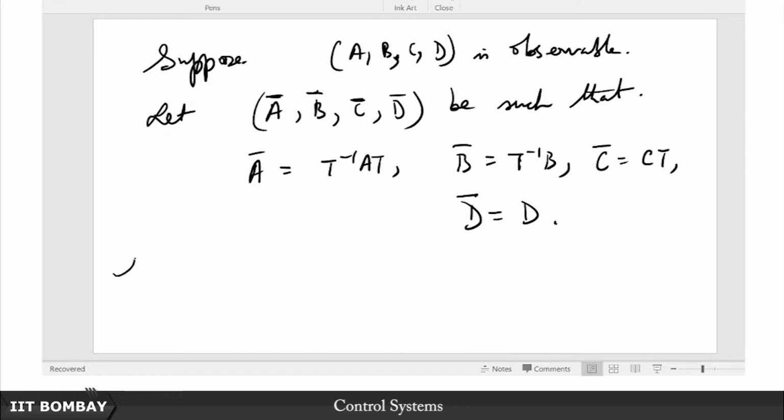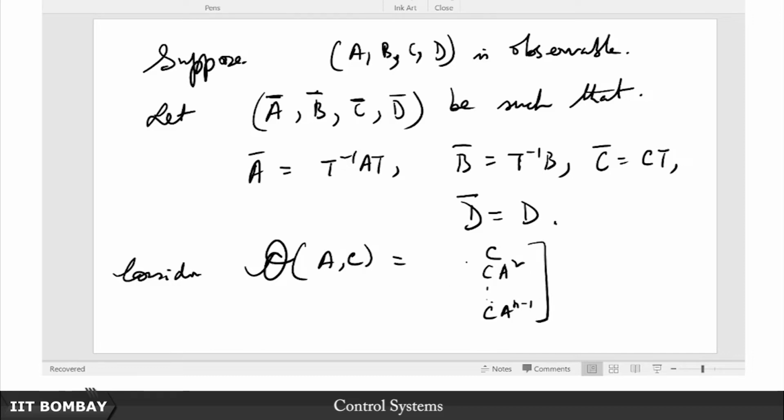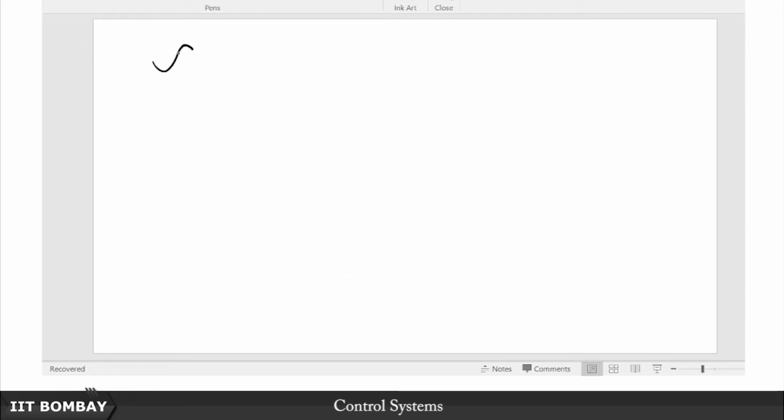Now consider the observability matrix of the original system, with A, C. So that is going to be C, CA, CA square, till CA to the power n minus 1. And next consider the observability matrix for this similarity-transformed system.